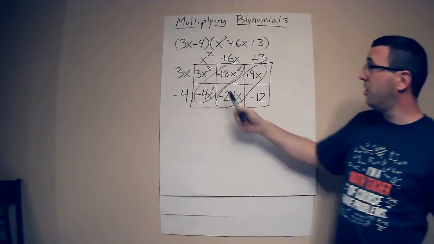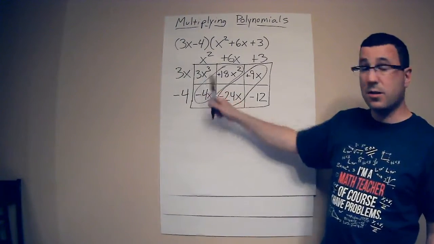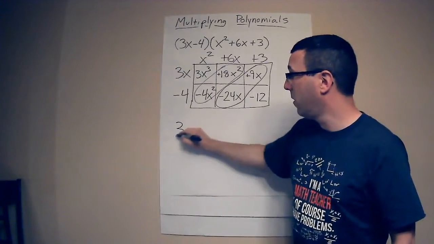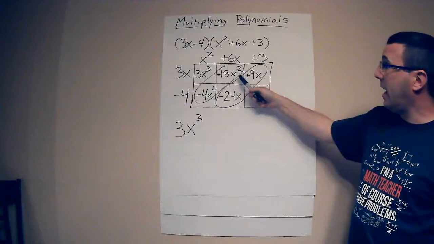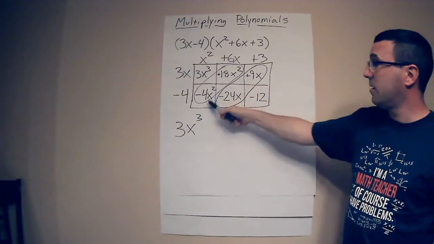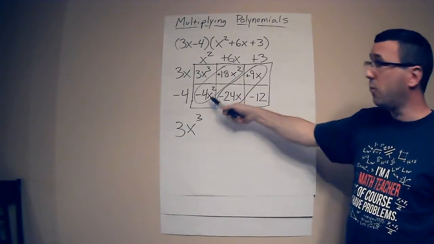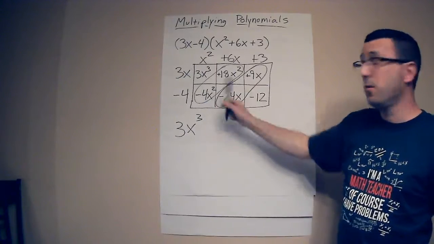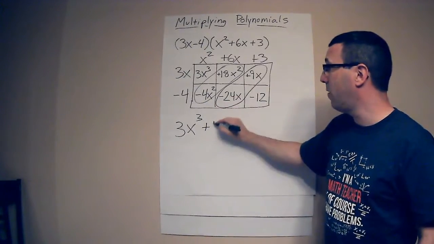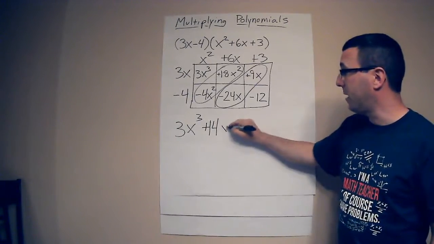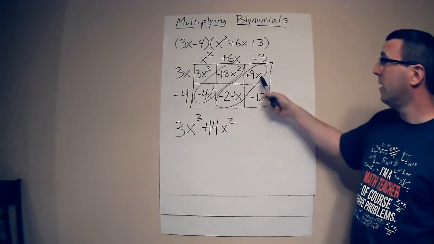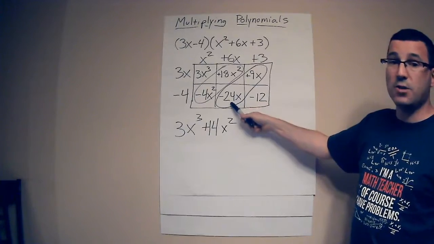So now what we're going to do is, see my 3x to the third, there. I have 18x squared minus 4x squared, so 18 minus 4 is a positive 14, and I bring down the x squared. 9x minus 24x.